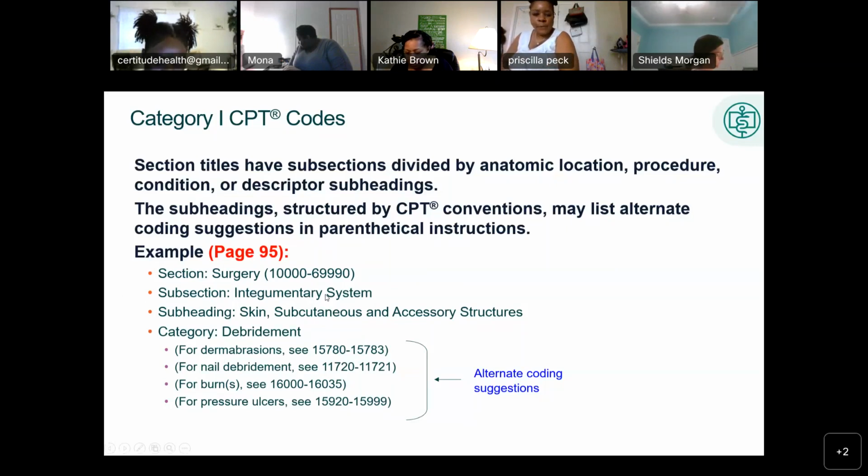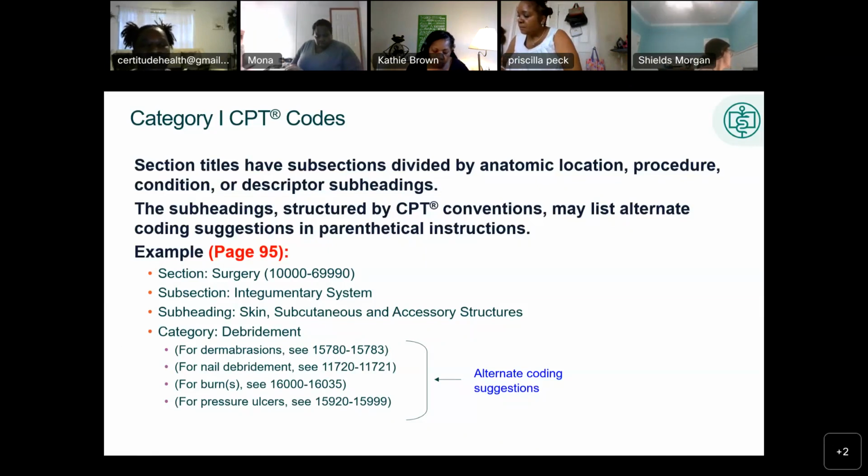Also, if you take a look at, actually, I'm sorry, on page 94, because that is actually the start of that section. Page 94 tells us up at the top again that our subsection is the integumentary system, because it's in green. And then we have a subheading in red just below that.